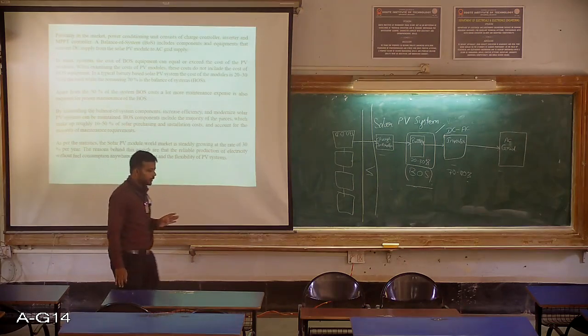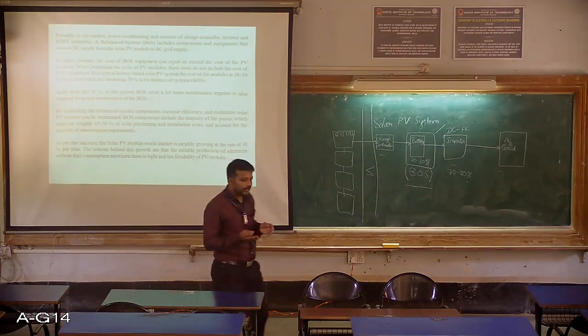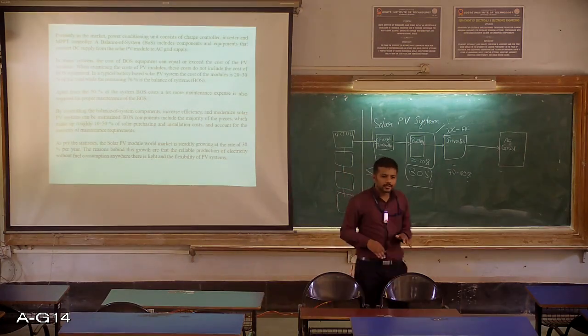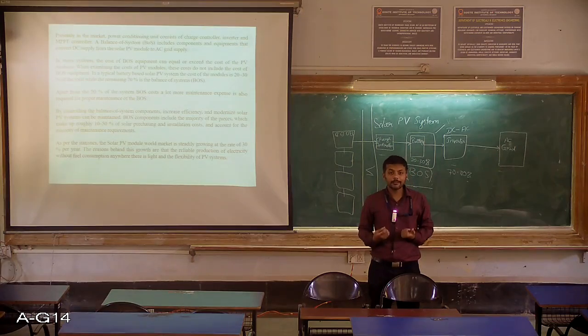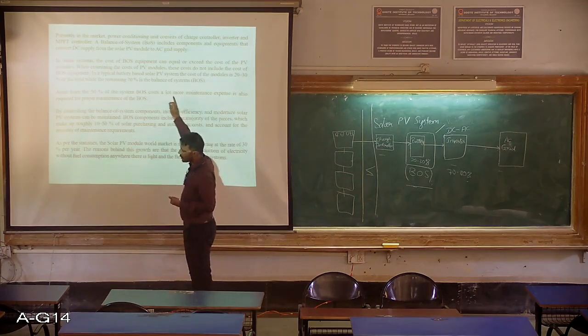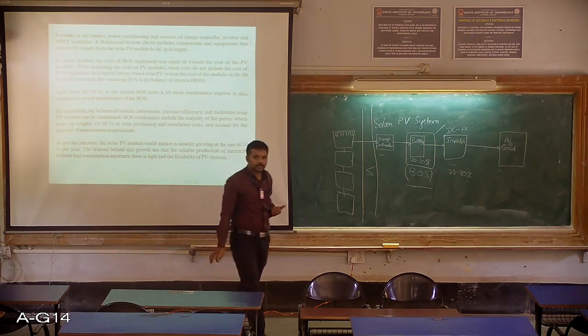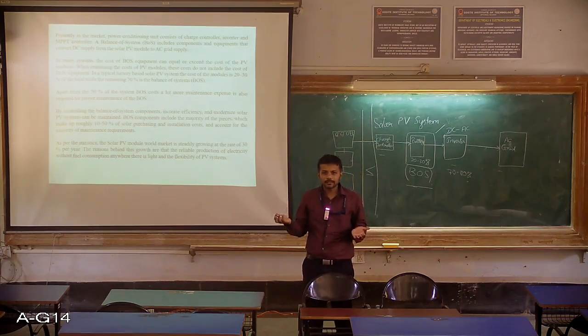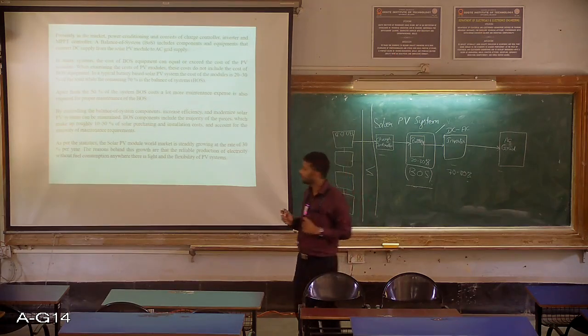So if you want to increase the profit or the efficiency, and if we want to get the benefit from this system, we should always try to reduce the maintenance cost, and we should try to extract more power, that is the MPPT. By using these soft techniques, it is possible to get more profit.